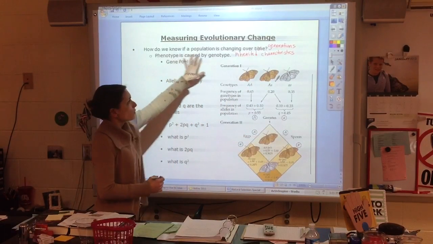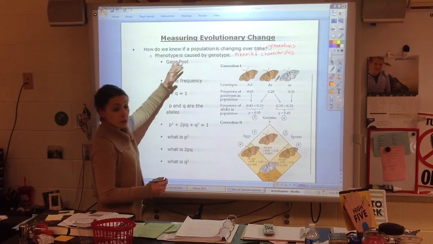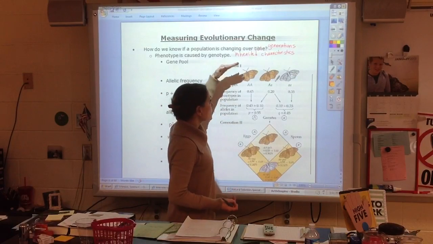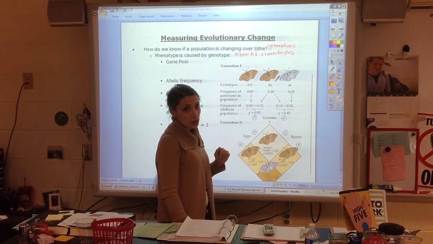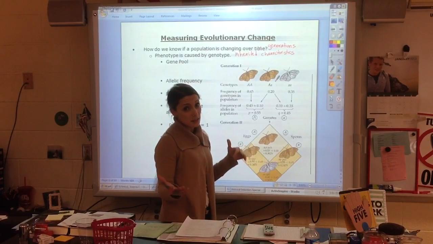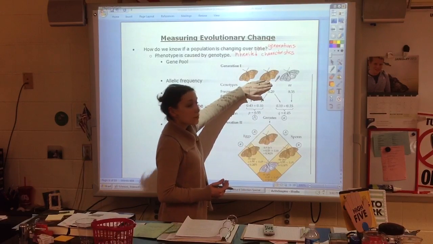So how do we look at the genotype? Well, one of the things that we are able to do already from our genetic study is look at physical appearance and make predictions about genotypes. Now, keep in mind that you're going to need to be given some sort of data to start with. You might need to be told that one is dominant and one is recessive.